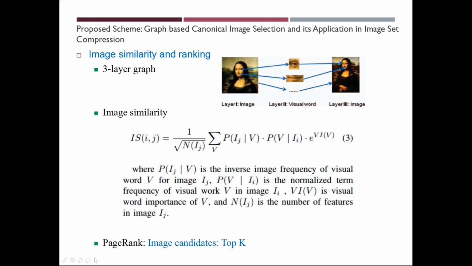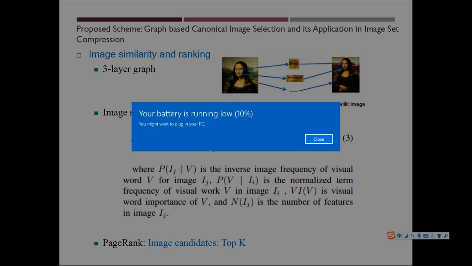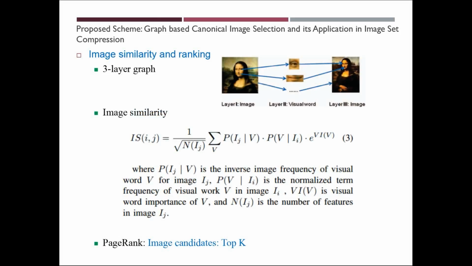And it's worth mentioning that because in this equation we used the visual word importance defined in the previous step, through those two graphs, the image similarity and the visual similarity are defined and linked together.